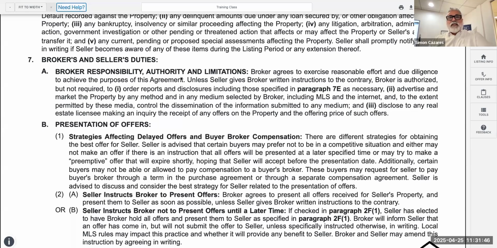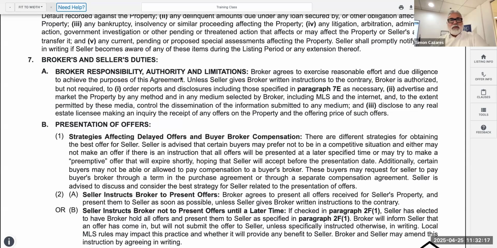Unless seller gives broker written instructions to the contrary, broker is authorized but not required to, one, order reports and disclosures, including those specified in paragraph 7E as necessary; two, advertise and market the property by any method and any medium selected by the broker, including MLS and the internet, and to the extent permitted by these media, control dissemination of the information submitted to any medium.